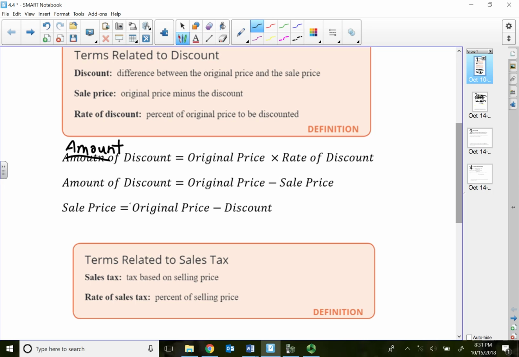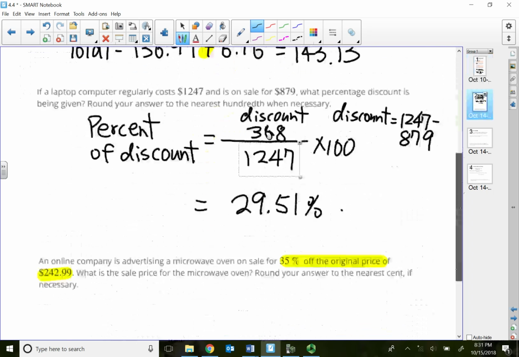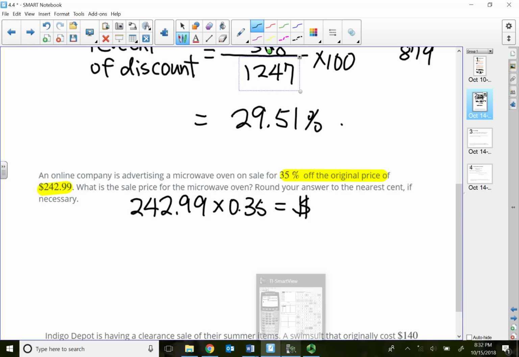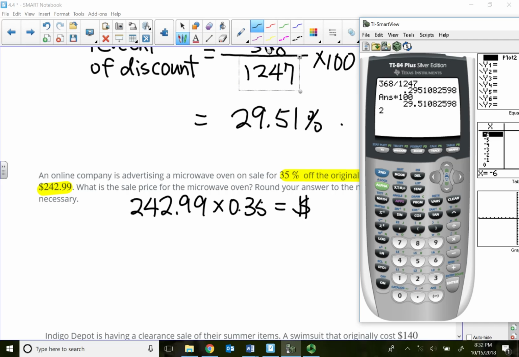Then for my sale price, I subtract the discount from the original price. Let's do the way we normally do it. So that's 242.99, the original price, times 35% off, so that tells me how much money I'm off. 242.99 times 0.35 is about $85 and 5 cents.